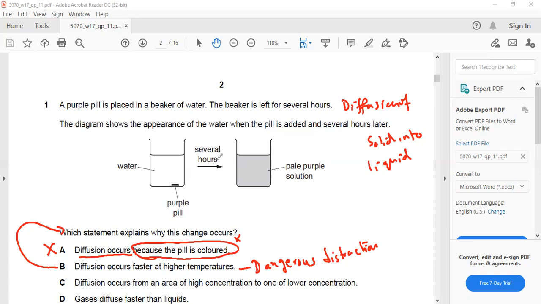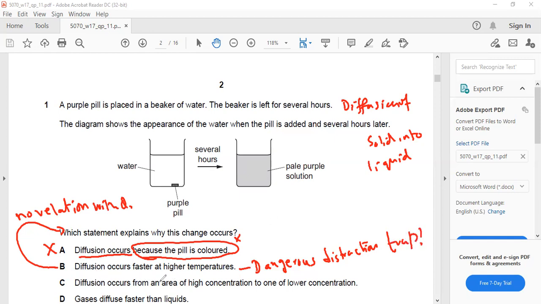There is nothing about temperature mentioned here. No relation with the question. The statement is correct, but no relation with the question. You have to be careful. That's why I tell this type of answer is dangerous. It is a very common trap. I call it trap.